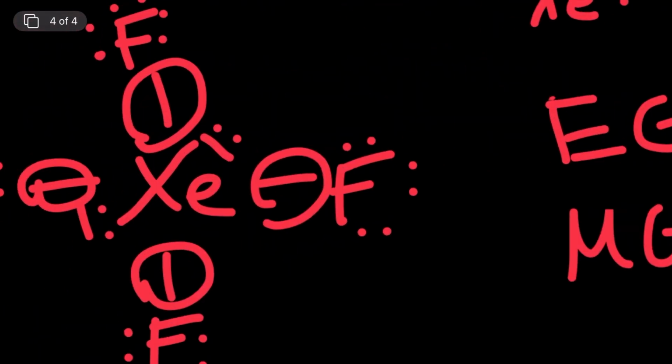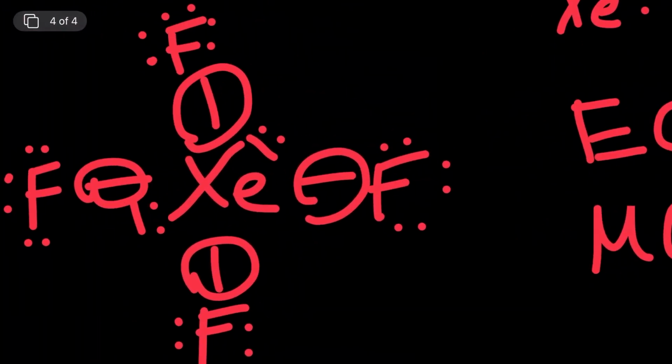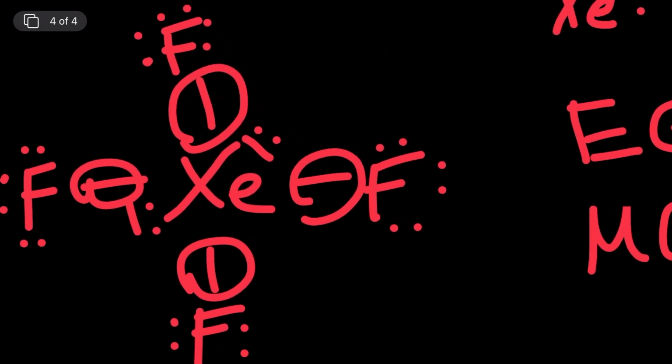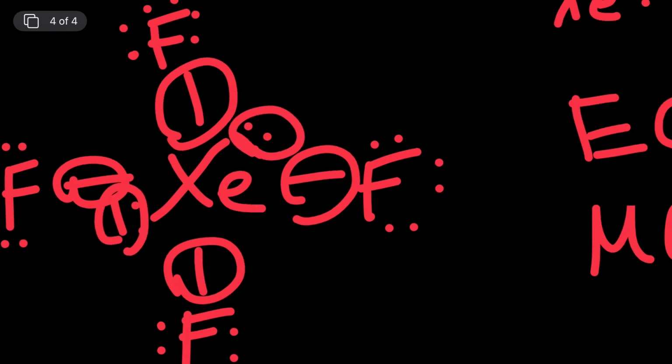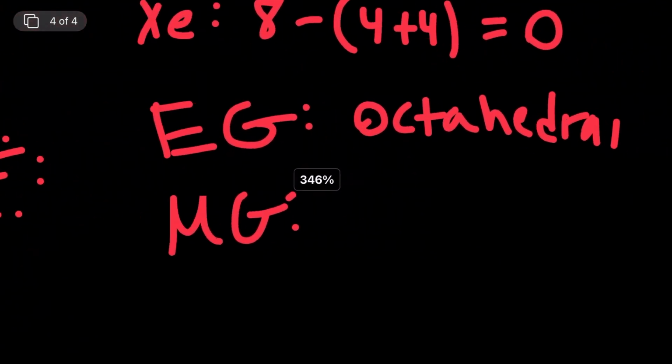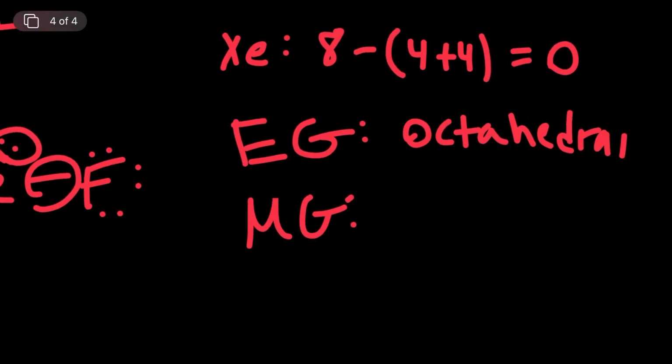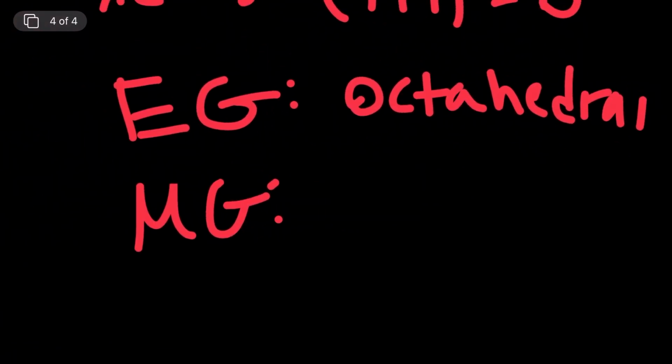Molecular geometries account for the lone pairs on the central atom. And in this case, xenon has 2 lone pairs. And this is when it gets a little complex. When an octahedral electron geometry has two lone pairs, it's going to be square planar.